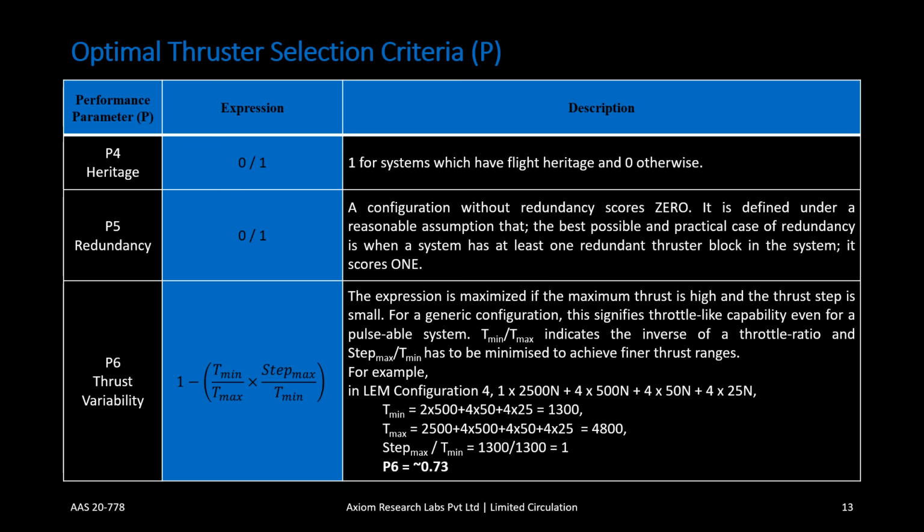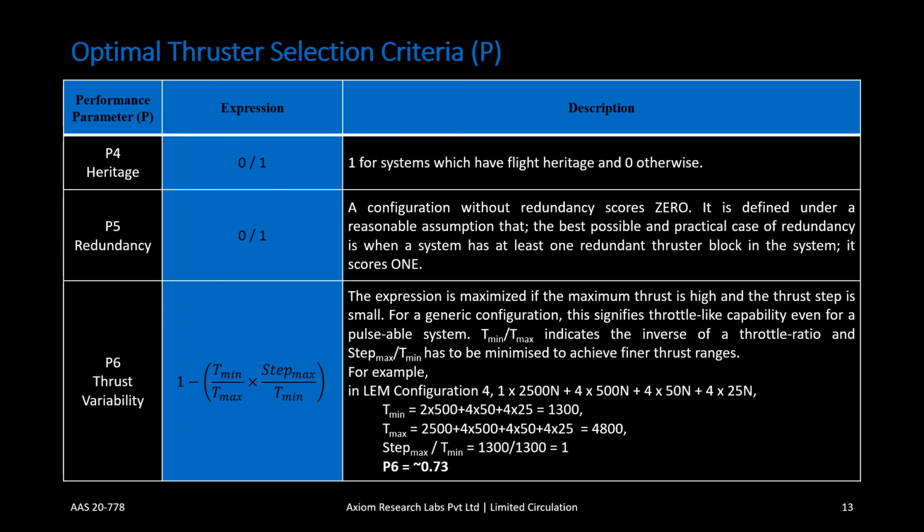P4 refers to heritage. If your engines have been used in flight before, it's 1, otherwise 0. And there's a similar factor for redundancy. The system must have the capability to recover even if one of the thrusters fails.